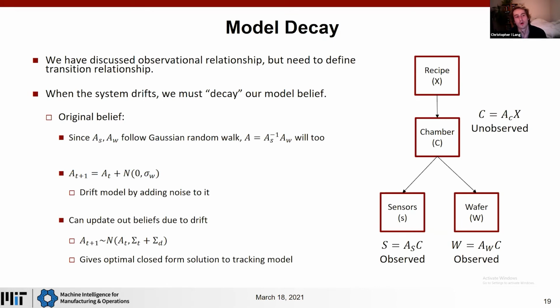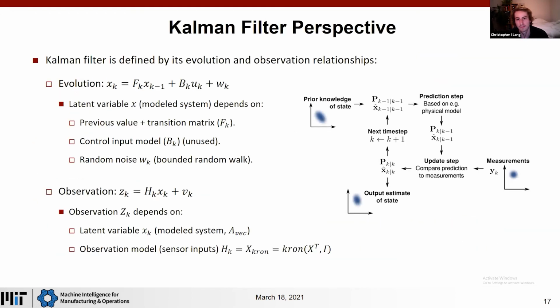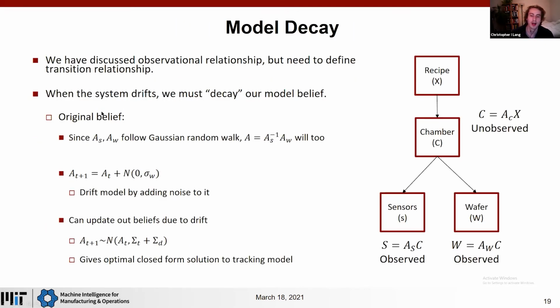So that tells us how to update our model when we get new information, but we also know that this relationship, A_S inverse A_W, is also drifting or changing over time. And we also need to incorporate that in this evolution step here. And I made a little bit of a mistake when I was first going through this.